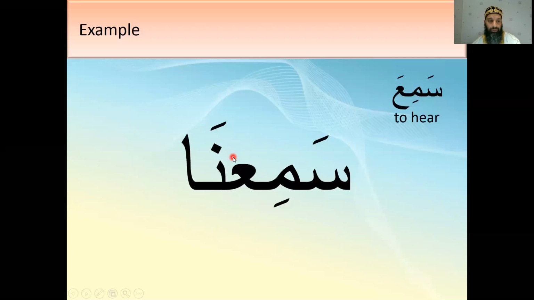Yes, masculine and feminine, both. Dual as well, yes. So you say sami'na if two people heard, or three or more even. It's the same, sami'na. Zalamna, we all oppressed. Katabna, we all wrote, etc.